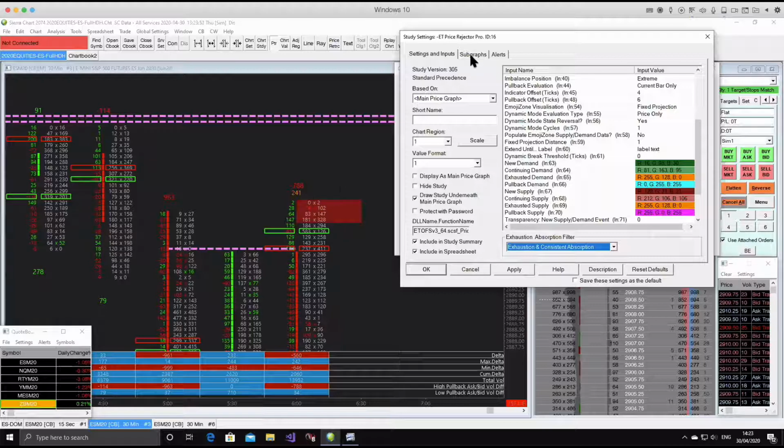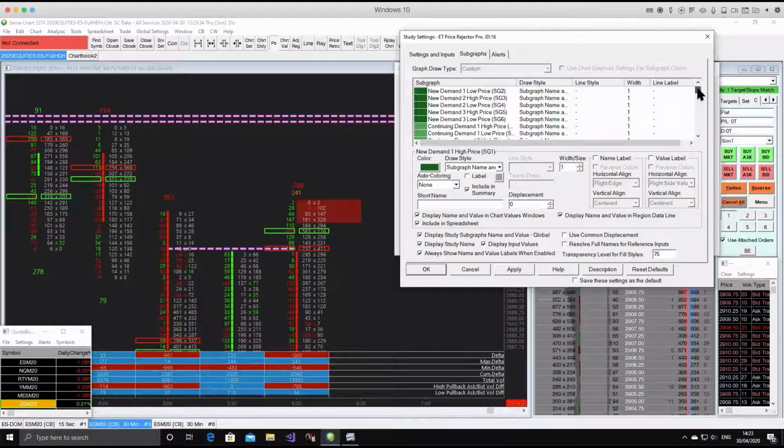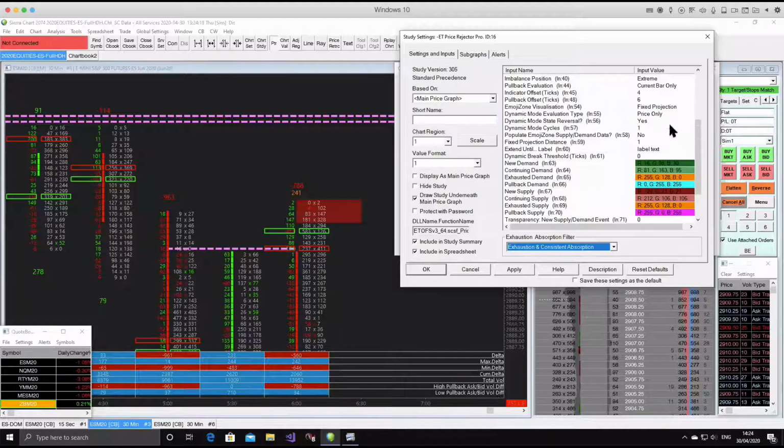But the value for me here is in the subgraphs, some of the data that's being published by the indicator is the absorbed buyer volume and the absorbed seller volume. Dimitri, is there a reason I'm calculating it based on price and not order flow? What do you mean, Dimitri? Everything's being calculated based on volume. Oh, right, you're talking about visualization.